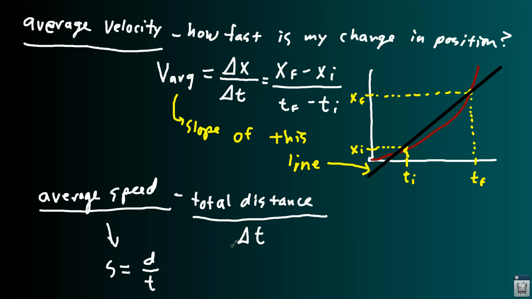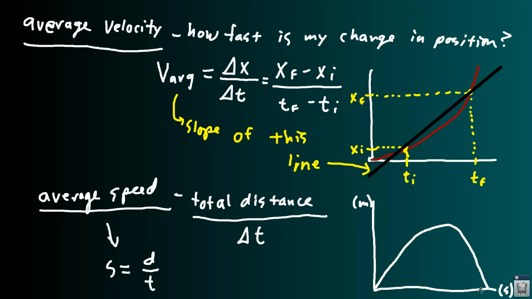All right. Now let's do an interesting little graph over here. We'll put this graph in meters, and this is in seconds. Let's say something moves along the x-axis up, and then slows down, stops, and then turns around and goes back down the x-axis.